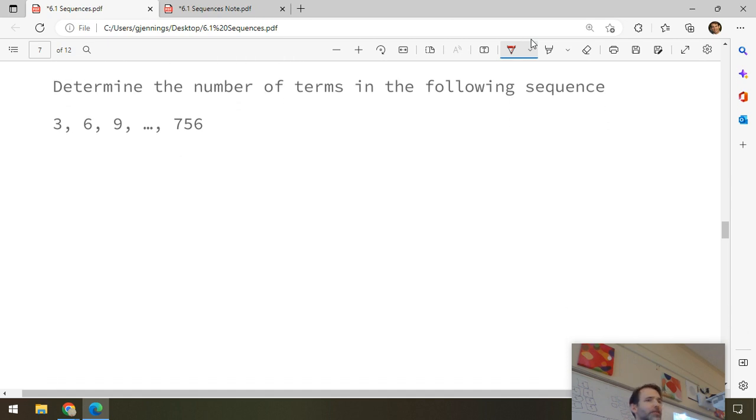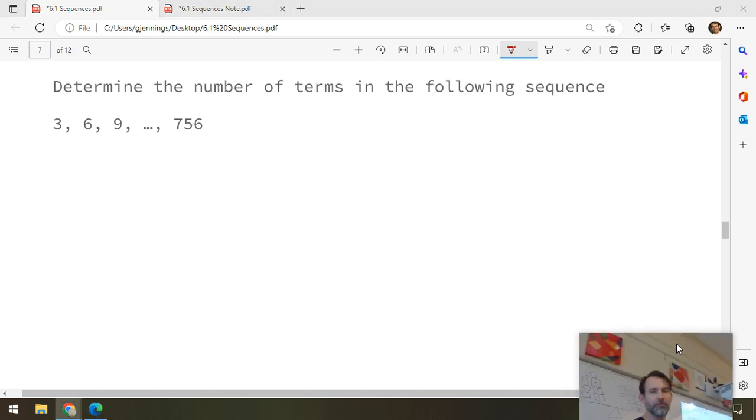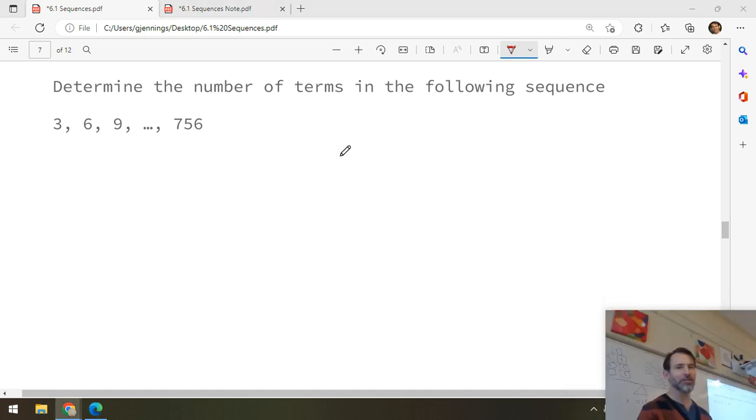Here is another problem type I might ask you about on Friday, all right? So these ones tell me the number of terms in this sequence. So in this case, my A is 3. My common difference D is, well, I'm adding 3 every time. No problem. 6 minus 3, 3. 9 minus 6, 3.